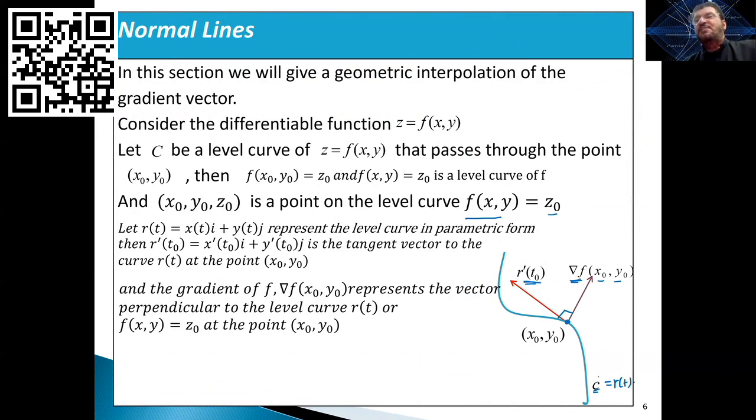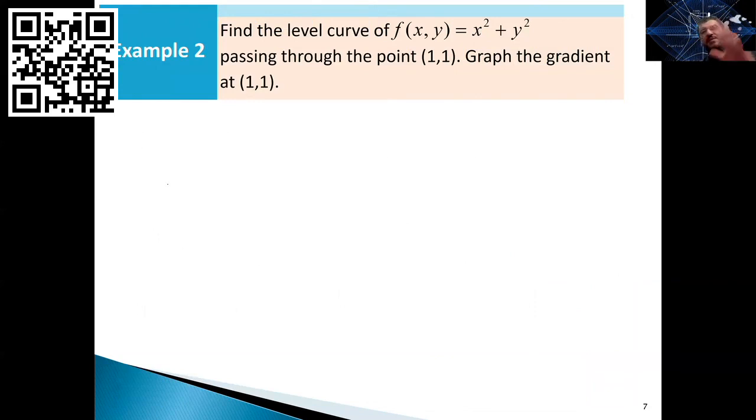Which means that this gradient is a vector that is perpendicular to the surface, because this is a level curve on a surface. So the gradient is the vector perpendicular to the surface at this point, x naught, y naught, and z naught. I will explain this in this example, guys. Everything will be clear, I'm pretty sure, when you look at it.